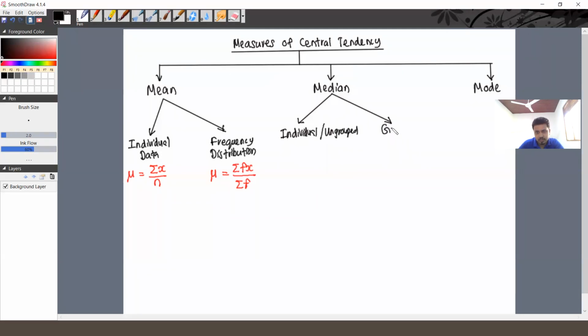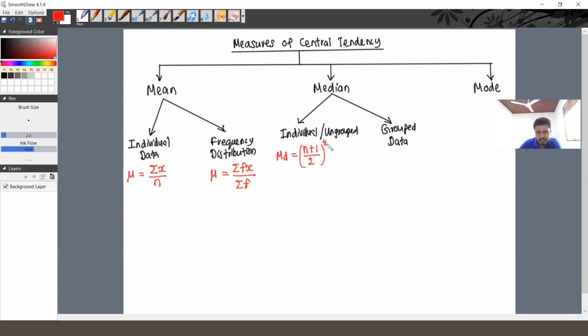Median of a grouped frequency distribution, group data. If it is an individual or an ungrouped frequency distribution, how can we calculate the median? Median equals n plus 1 divided by 2.